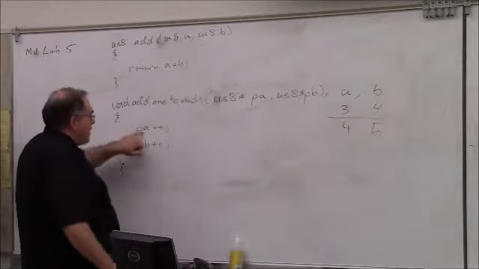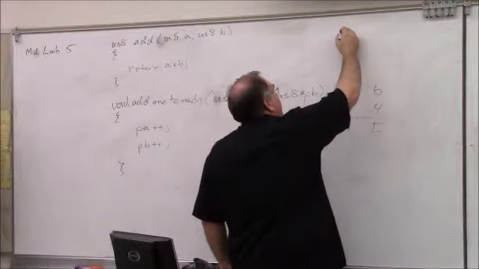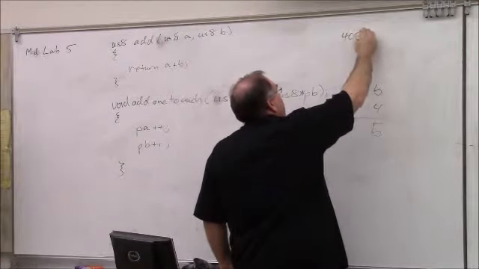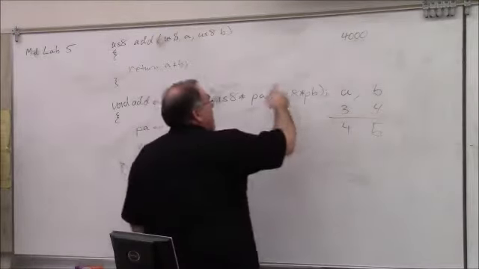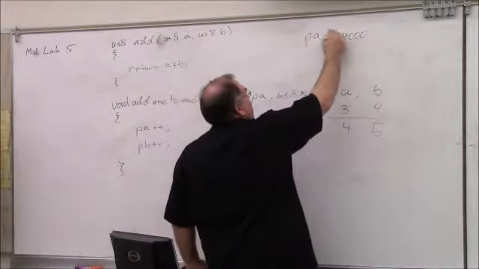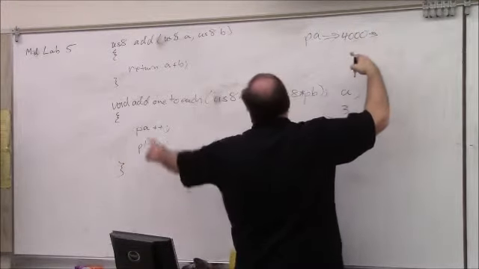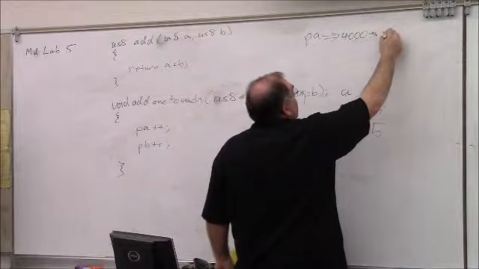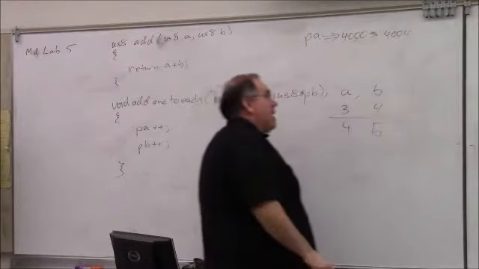So if we said PA plus plus, let's say PA points to address location 4000, right? If we say PA plus plus, PA becomes, actually, when you do this, it'll probably become 4004. It goes up by one whole address location.